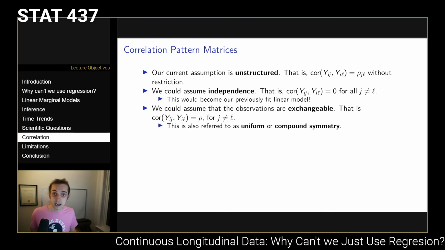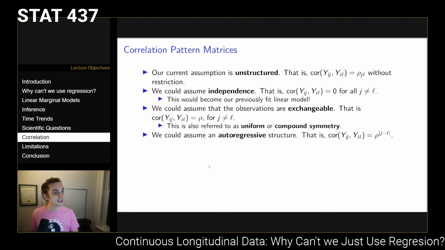My blood pressure today is probably going to be more related to my blood pressure a week from now than it is my blood pressure 10 years from now, right? So we sort of think of these correlations as decreasing over time. But sometimes the exchangeable assumption is going to be valid. And when it's not, we can start to try and exploit other patterns that we might see.